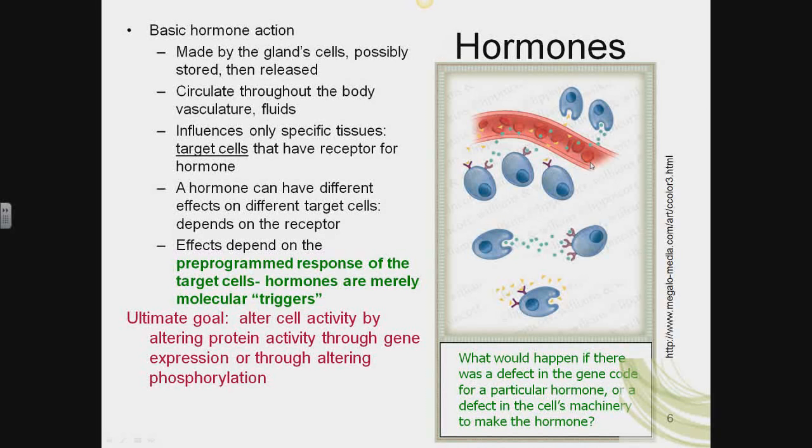Hormones are very different than other types of chemical signals shown here in the picture as well, where you see one cell releasing a chemical signal to an adjacent neighboring cell. That's called paracrine, para meaning next to.